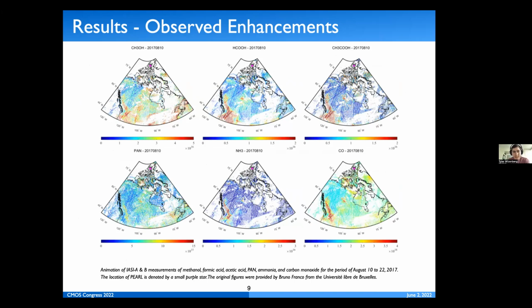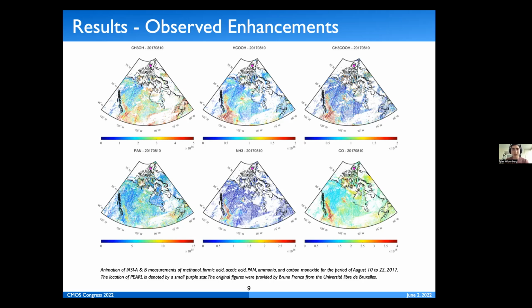I think the issue with IASI, since it's a thermal infrared instrument, is that over the high latitude regions you get a much lower thermal contrast between the surface itself and the air just above it. So it makes it pretty difficult for instruments like IASI in general to make these kinds of measurements at high latitudes, particularly for these VOC species, because many of them are quite difficult retrievals.